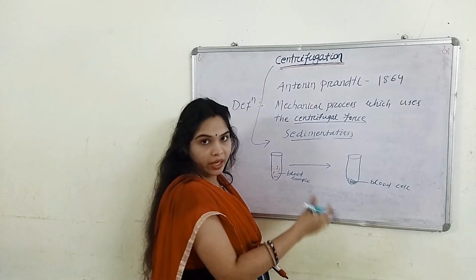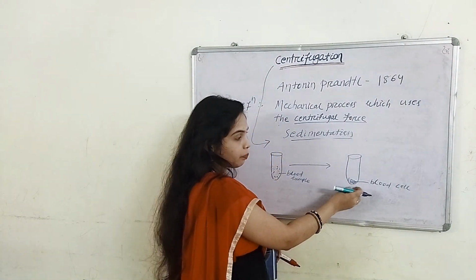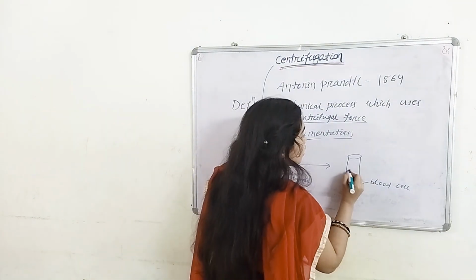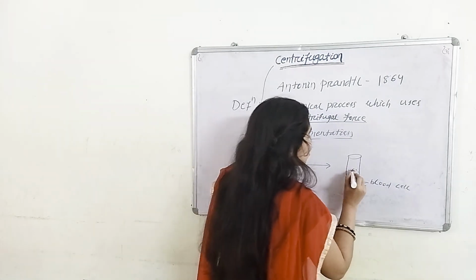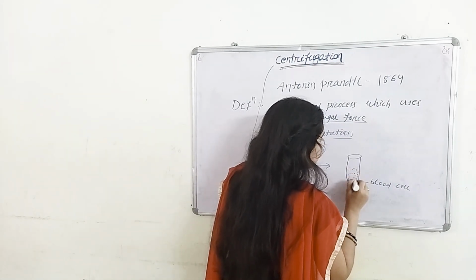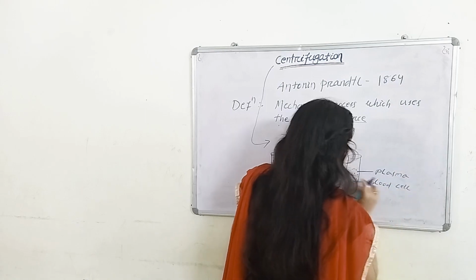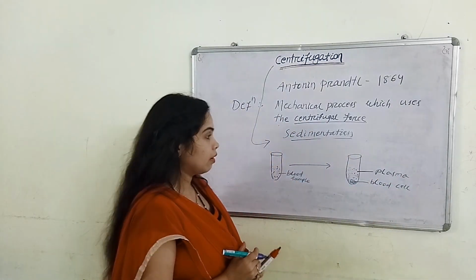We call this the pellet. The part which settles down is called the pellet, and the plasma portion is suspended over the blood cells.